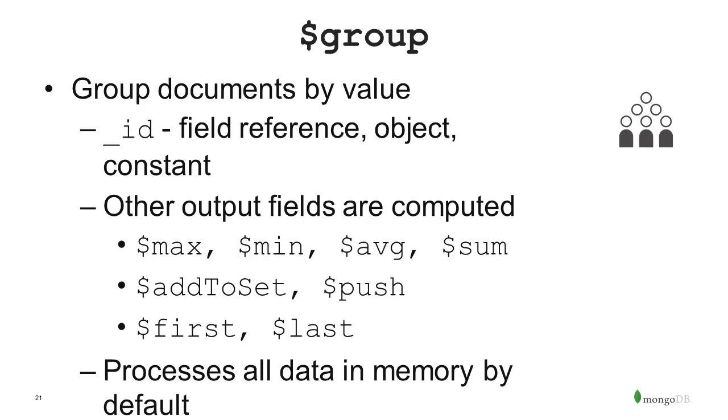So here a set means an array where each item only occurs once. $push is familiar, it just pushes a value onto the array. So in that case, you could have multiple instances of the same value within an array. $first and $last are useful if you know something about the ordering of your data in an array. And then, by default, all this processing does happen in memory, although there are ways around that.